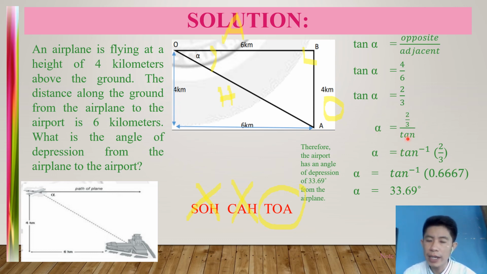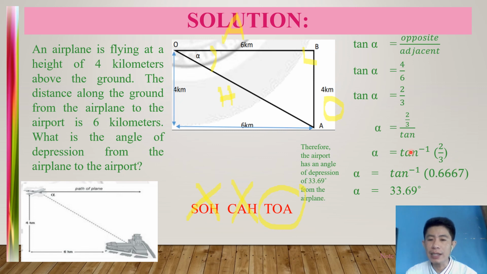Applying the laws of exponents, tangent is in the denominator, so we move it to the numerator, but the exponent would be negative 1. So angle alpha is equal to tangent negative 1 times 2/3. This is now called the arctangent, tangent raised to negative 1.